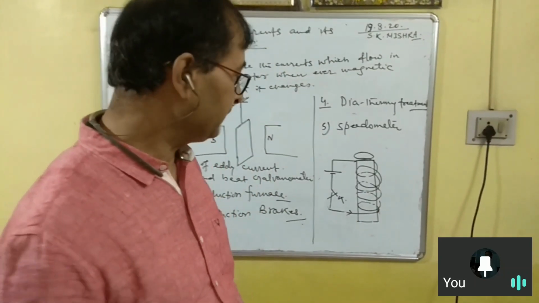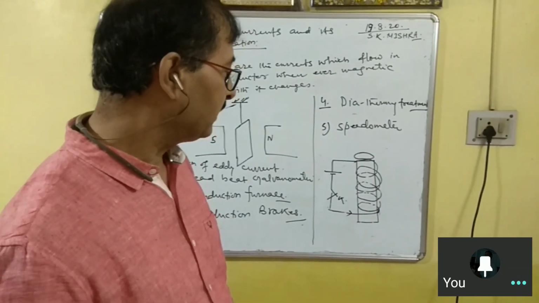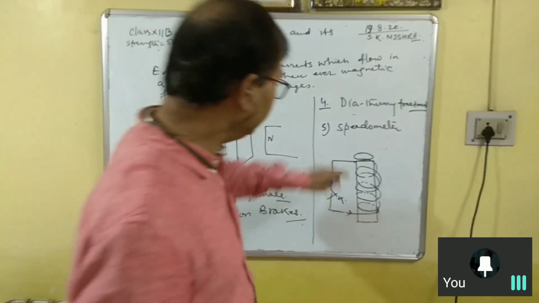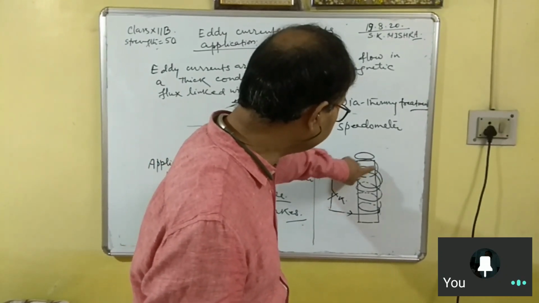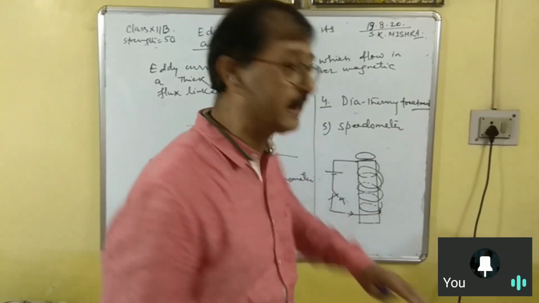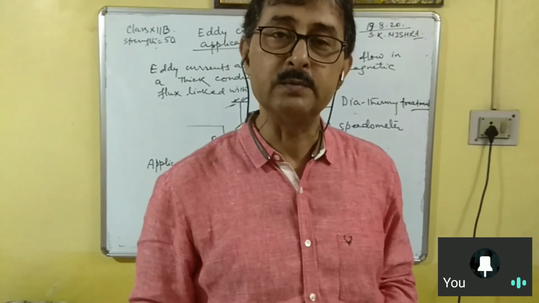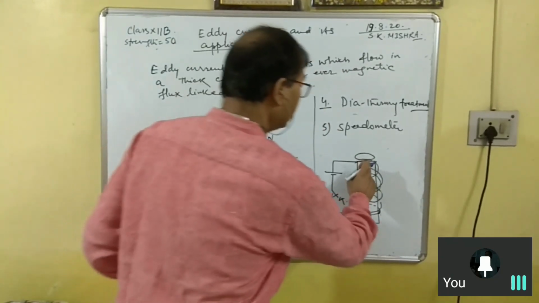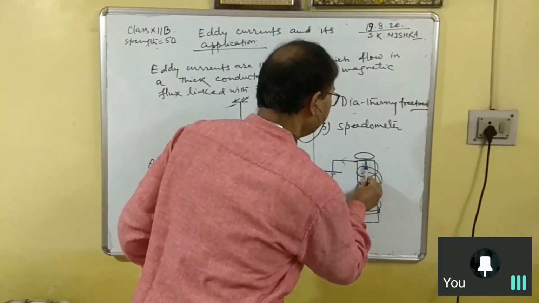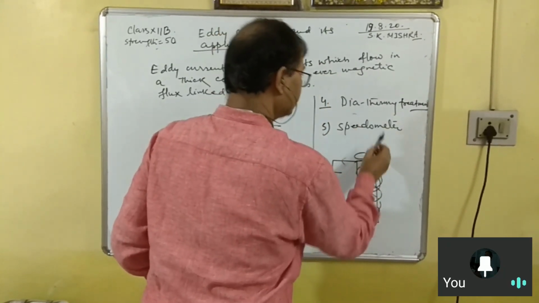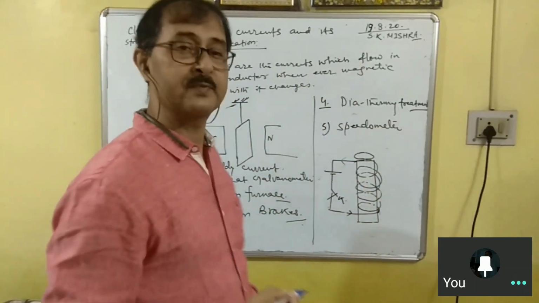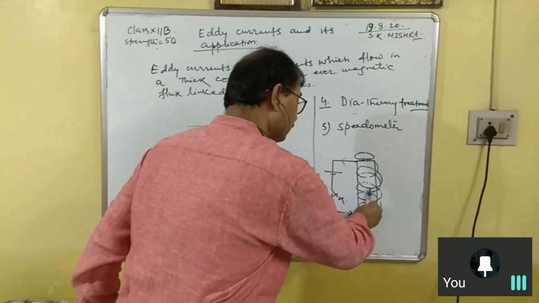And the magnetic field of the solenoid will be in what direction? Suppose this last turn is the north pole, then the lower face of the disc will acquire the same pole, north pole. The magnetic field is along this way, so the disc will have the magnetic field in the opposite direction, because the magnetic field of the solenoid is increasing.